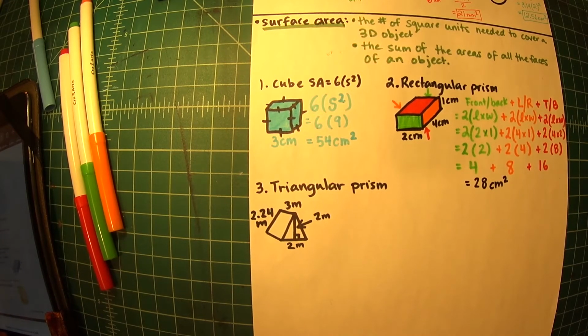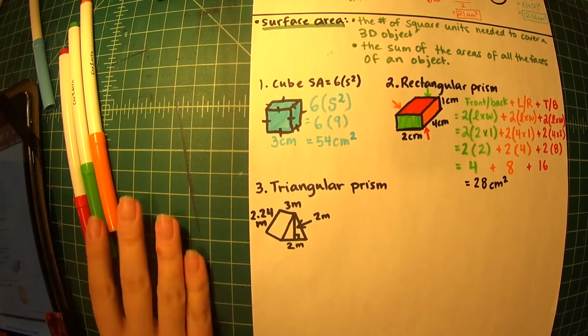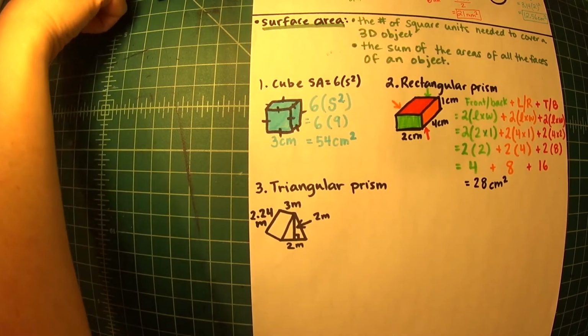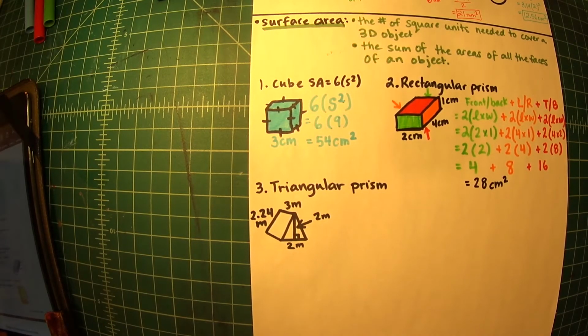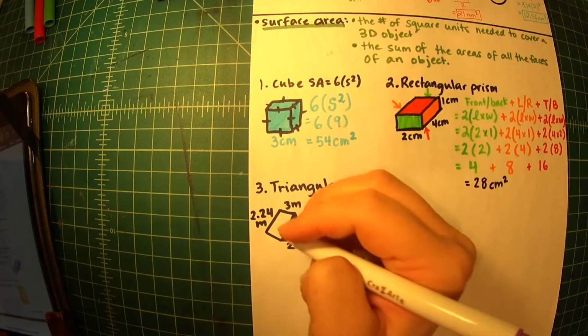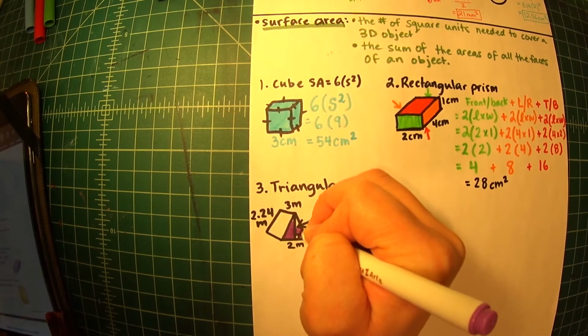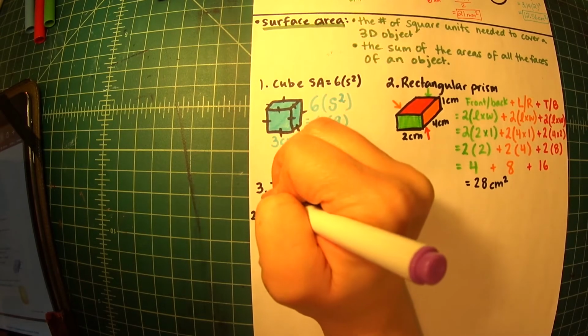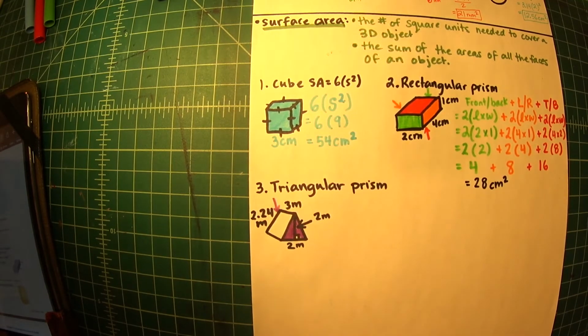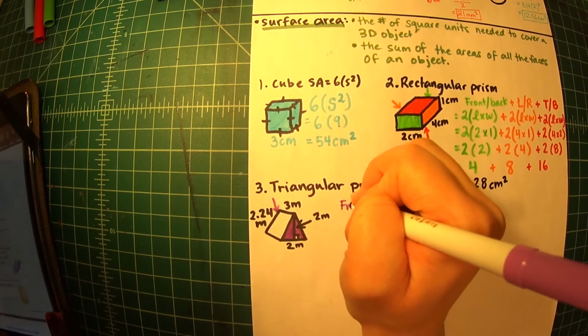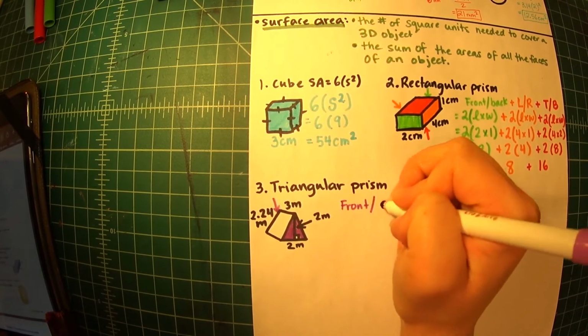Okay, so let's begin breaking this down into identical faces. So first of all, we have the front and the back. So the front triangular face right here, and the back that's tucked away, we can't see it. So front slash back.